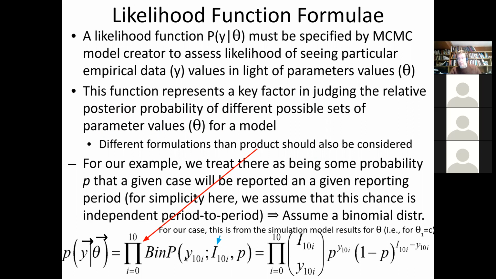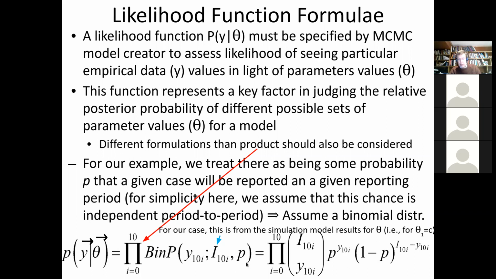And the likelihood function will assign a likelihood for each of these observations, which is a probability here. In other cases, maybe a probability density, but it's some probability measure that indicates for these parameter values, theta, what's the likelihood we will have observed this data?